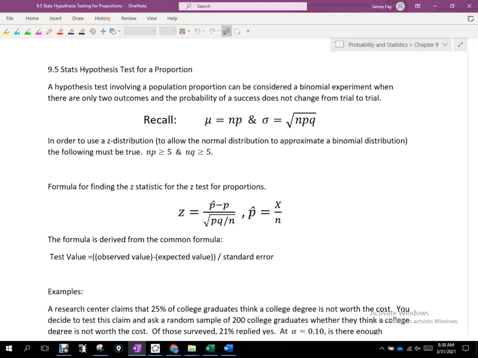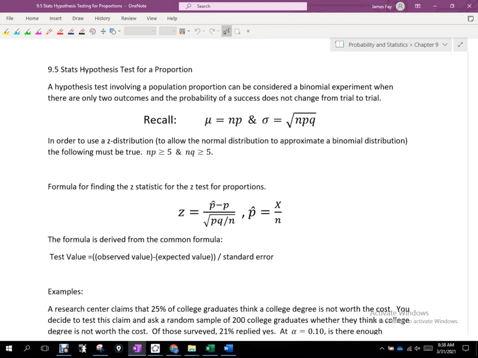You're still going to find critical values the same way, and use p-values in the same way. It's just the way that we garner the z that is a little bit different. My hope is that structurally we see that it's really the same.